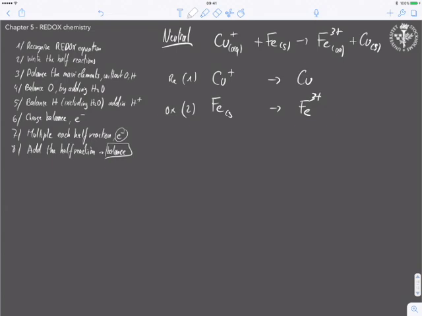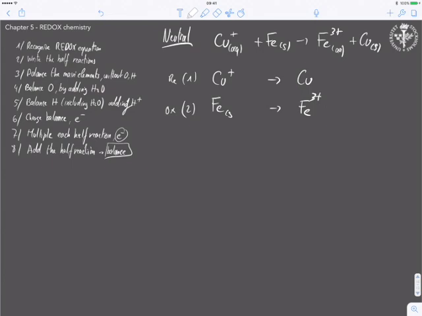So then I'm balancing the main elements without oxygen and hydrogen. Copper and copper balance, one iron and one iron, all are balanced. Now I'm balancing the oxygen by adding H2O. There is no oxygen, so I'm not adding H2O. Balancing now H by adding H+.